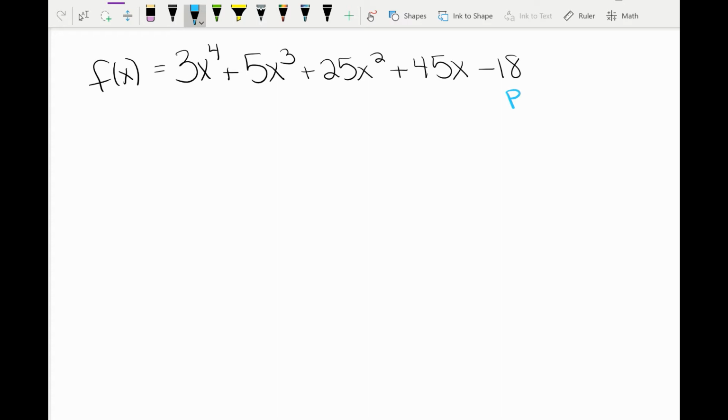So I know I'm looking for 4 x values because the degree of the polynomial is 4.